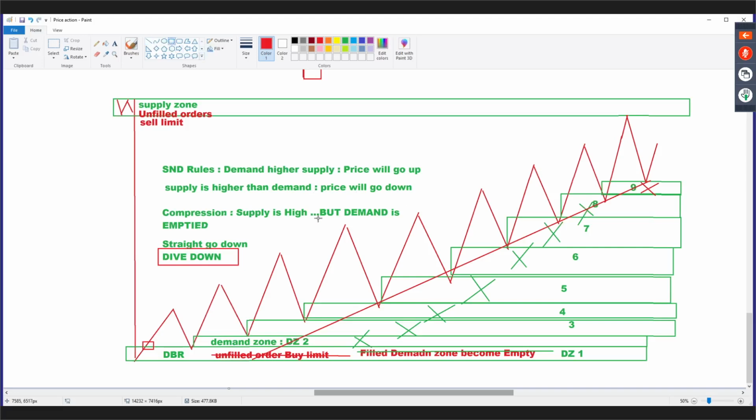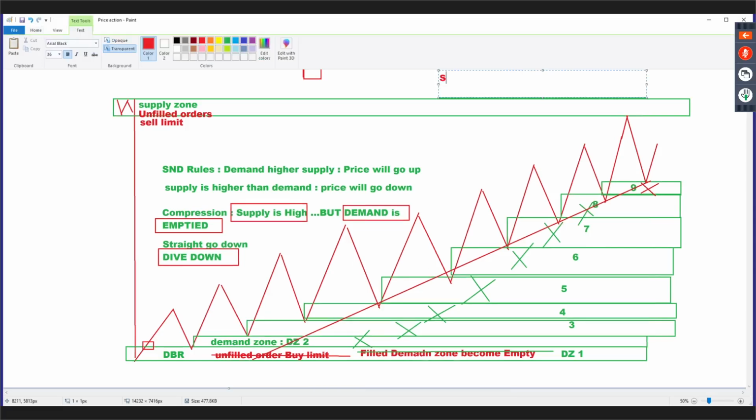If you follow this rule, the demand zone is already empty. But the supply is high. How do we know that the supply is high? The supply is high in two conditions.